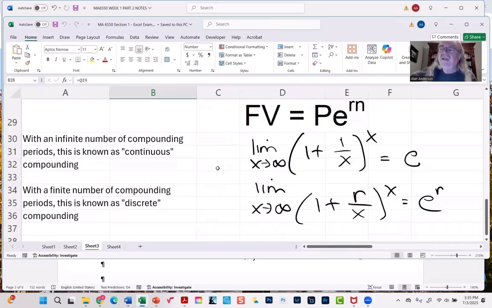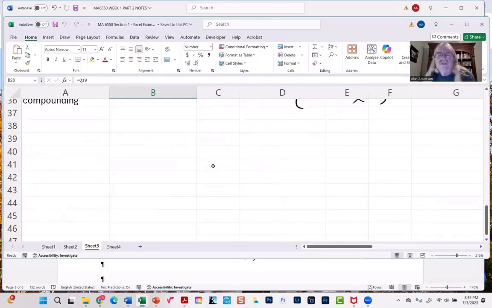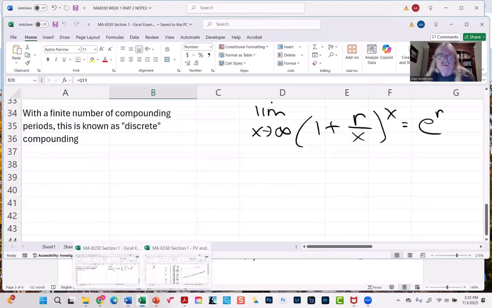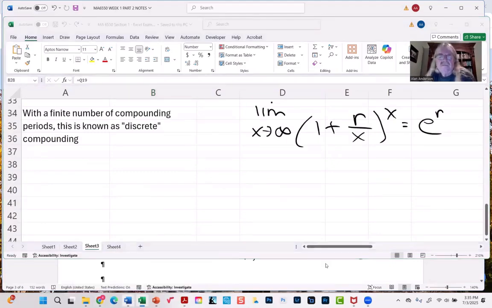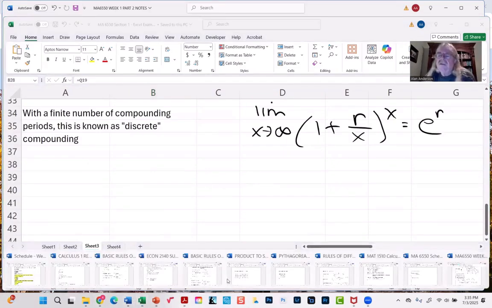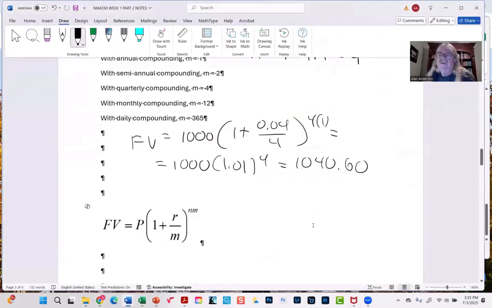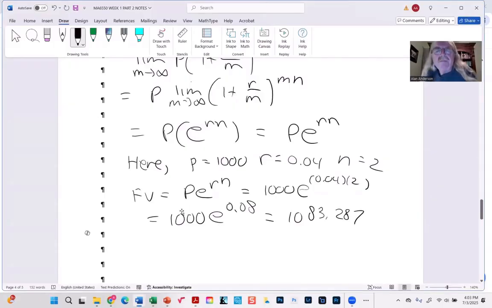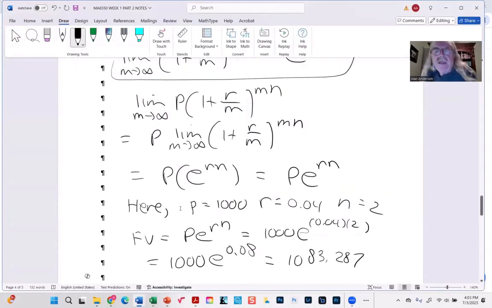Now, you might not think this is going to happen in the real world, and it probably isn't. The reason why this is so important is because algebraically, there are some very important benefits to using continuous compounding. In the limit, the future value is 1083.287.